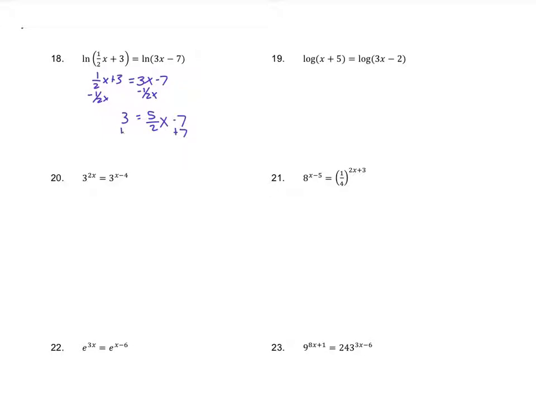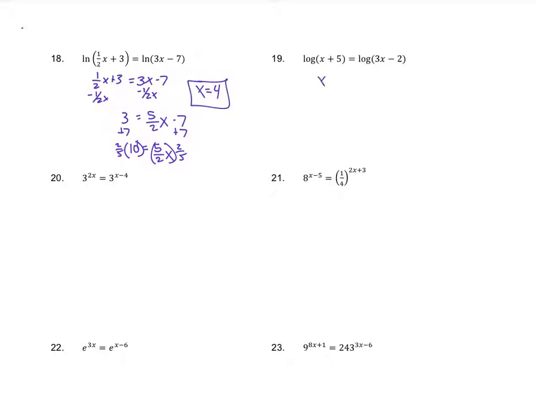We're going to add 7. Now if we multiply both sides by 2/5, we get x equals 4.